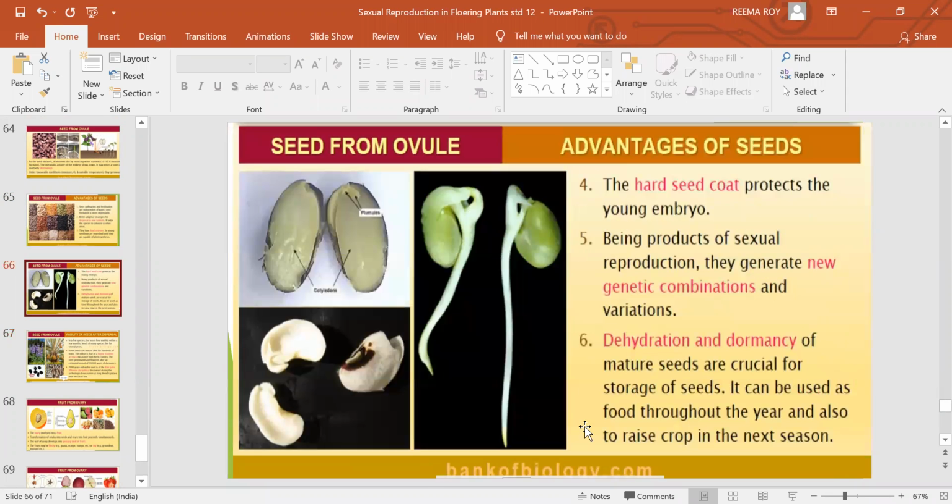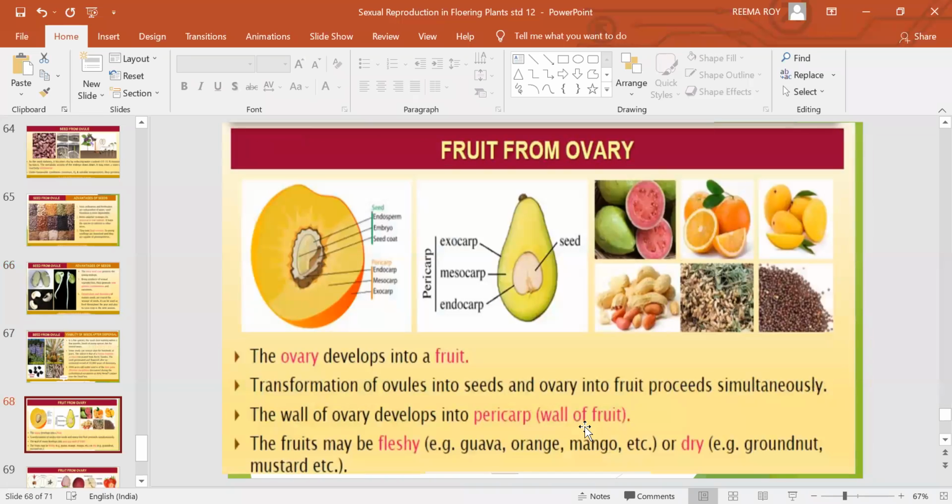Okay. And next is fruit. The fourth one, post fertilization, is a fruit from the ovary. So the ovary develops into a fruit. The ovule is developed into what? Ovule.